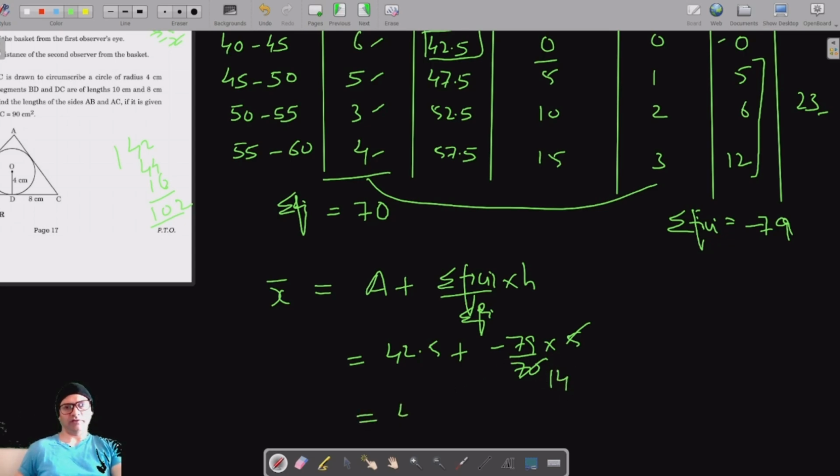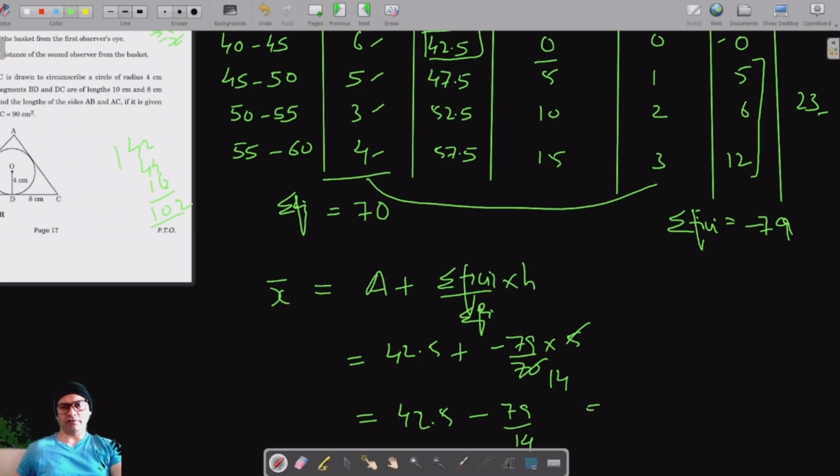So this gives us 42.5 minus 79 divided by 40. So if we divide 79 by 40, it will give us 5.64.